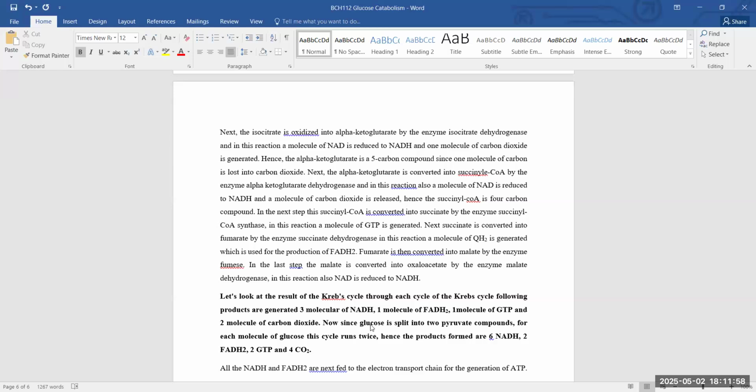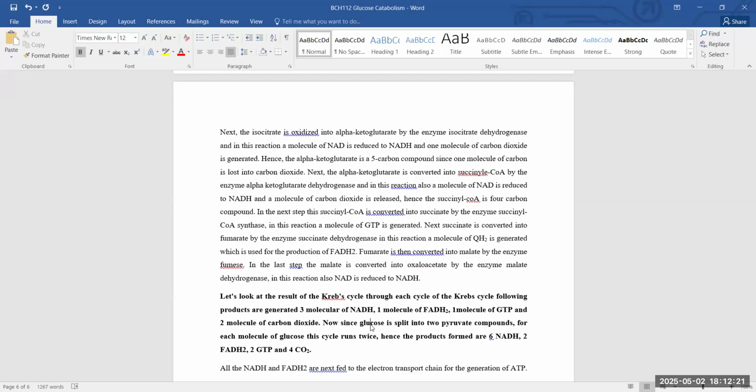I think you can see the difference between the TCA cycle and the glycolytic pathway, right? The glycolytic pathway only has one end product, which is pyruvate, but 2 molecules of pyruvate.